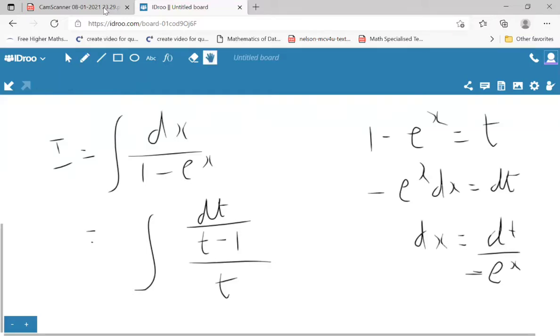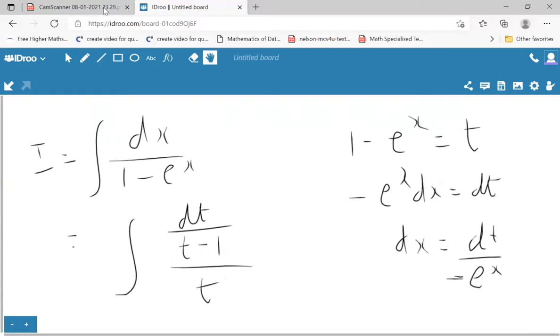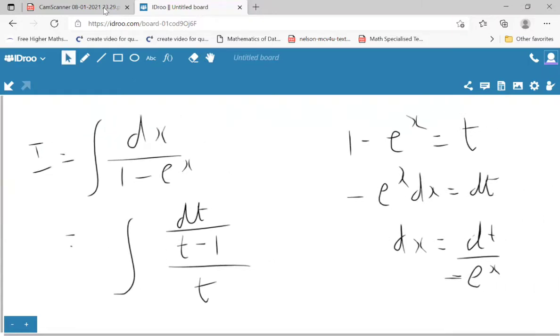So the whole expression now reduces this way. We are taking 1 minus e to the power of x as t. Differentiating on both sides, you get minus e to the power of x dx is equal to dt, or dx is equal to dt by minus e to the power of x. From this expression, we can take minus e to the power of x as t minus 1. That is what I've done.